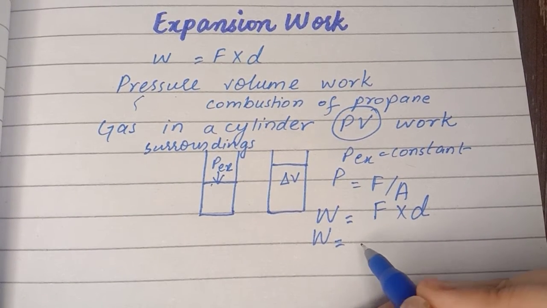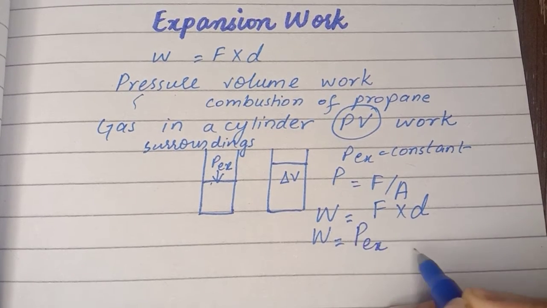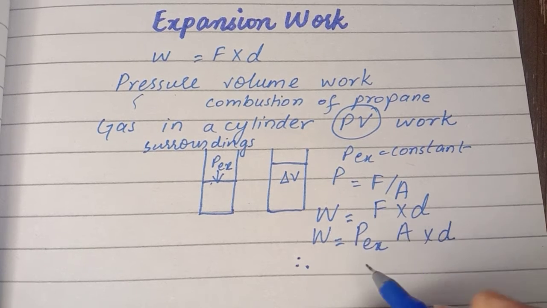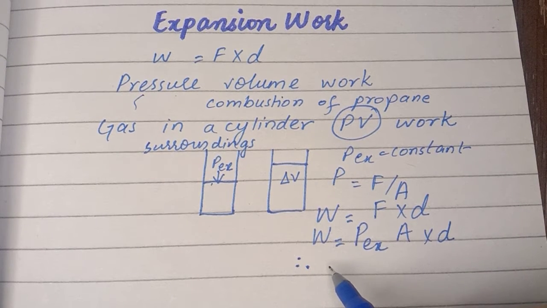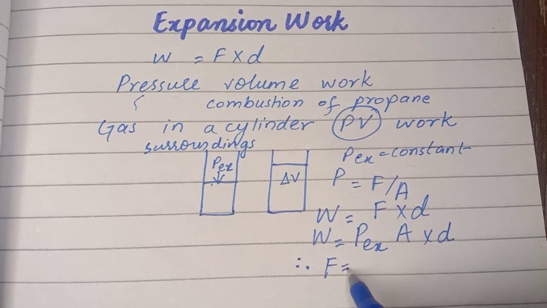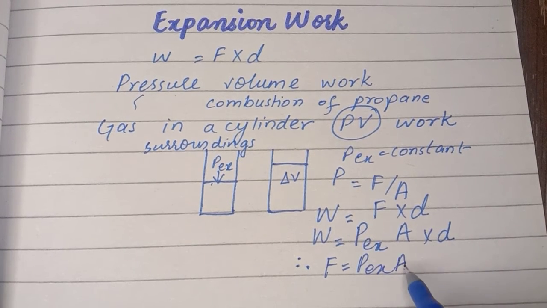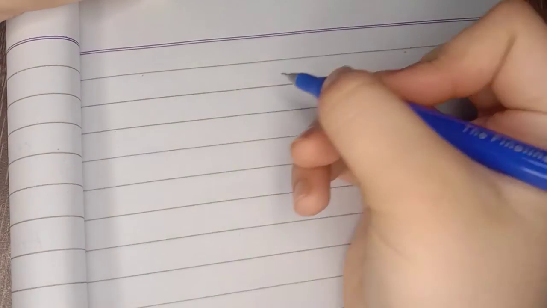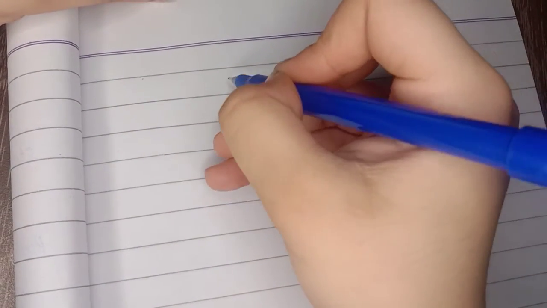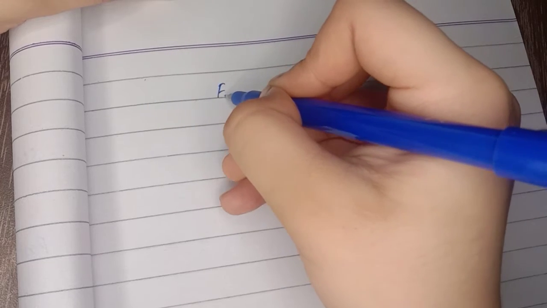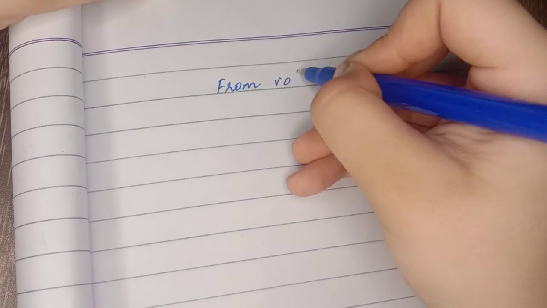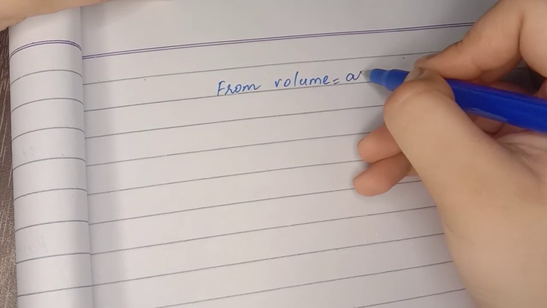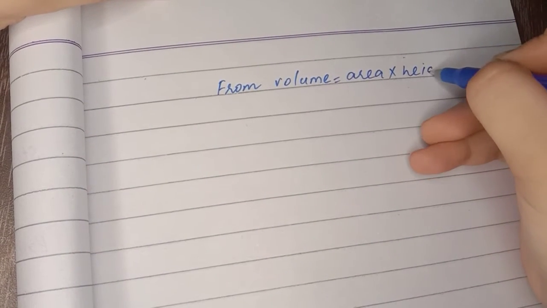So now the work done will be equal to the external pressure multiplied by the area into D, because F is equal to P external into A. So that makes the force quantity changed into P external into A. So the work done will be P external A into D. Now the volume is equal to the area multiplied by the height.